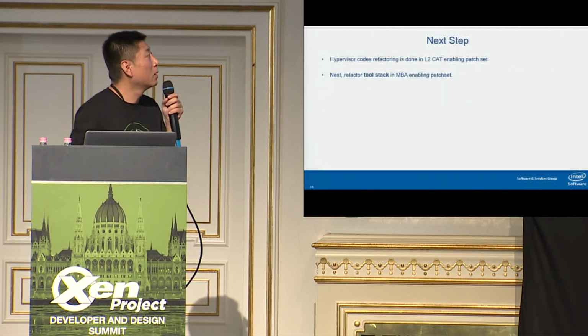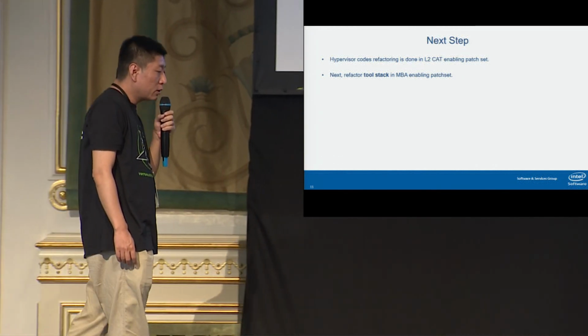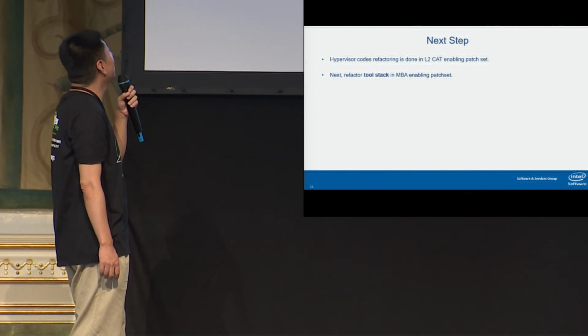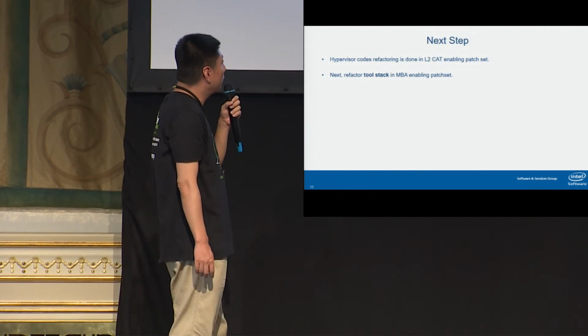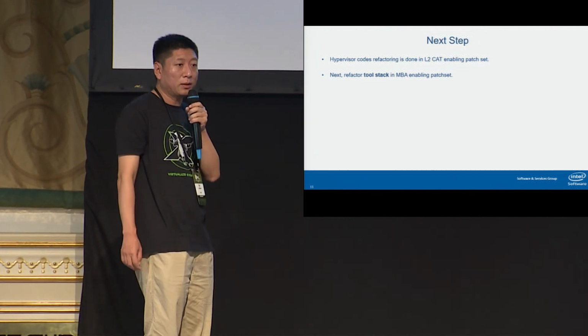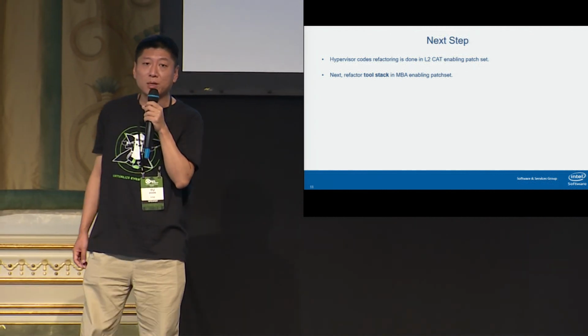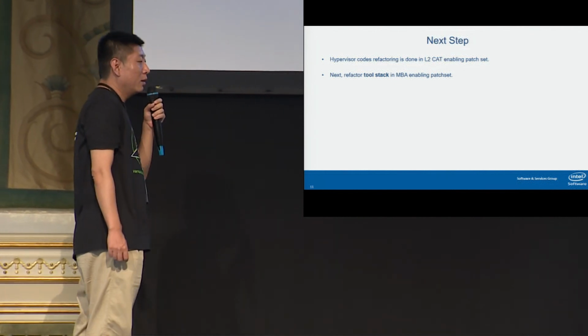Okay. For now, we have sent out 13 versions of the CAT patch set. For the 13th version, we have received quite a lot of review comments, and most of these patches have been reviewed or acked by maintainers.